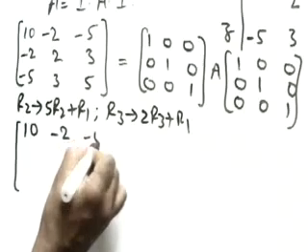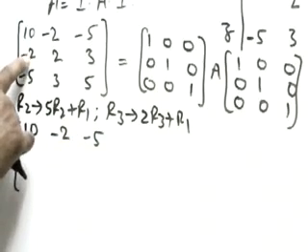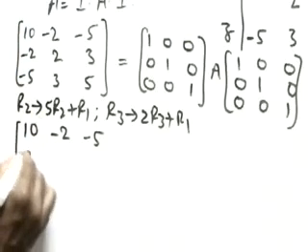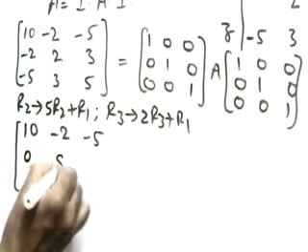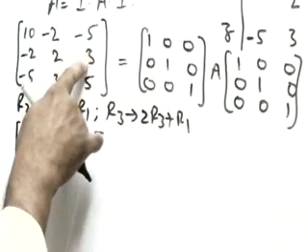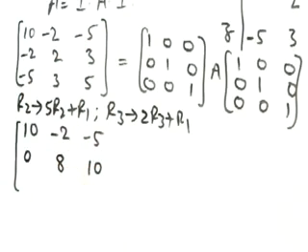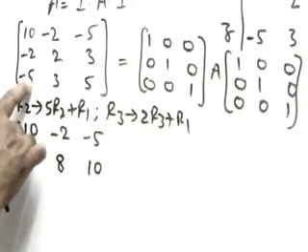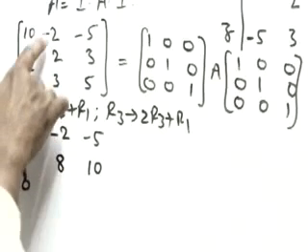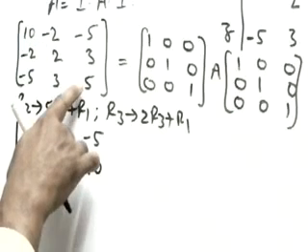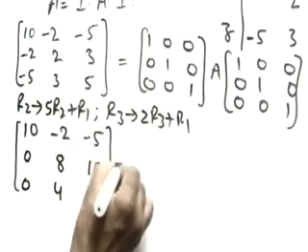Write the first row as it is: 10, minus 2, minus 5. Now 5 twos are 10, minus 10 plus 10 is 0; 5 twos are 10, 10 minus 2 will be 8; 5 threes are 15, 15 minus 5 will be 10. For 2 R3: 2 fives are 10, minus 10 plus 10 is 0; 2 threes are 6, 6 minus 2 is 4; 2 fives are 10, 10 minus 5 will be 5.